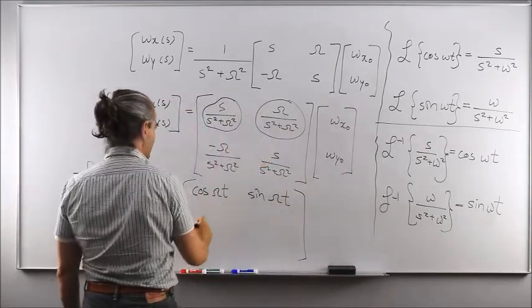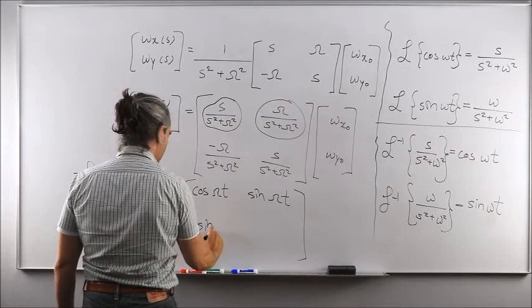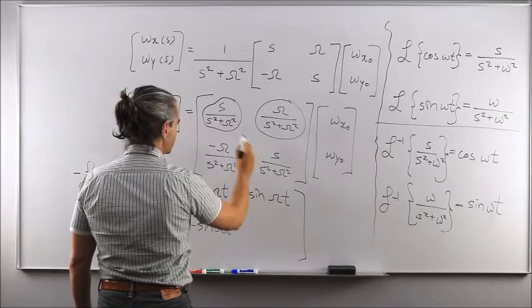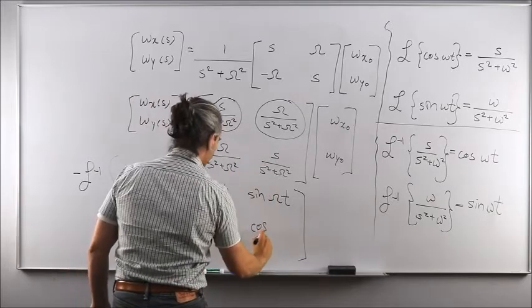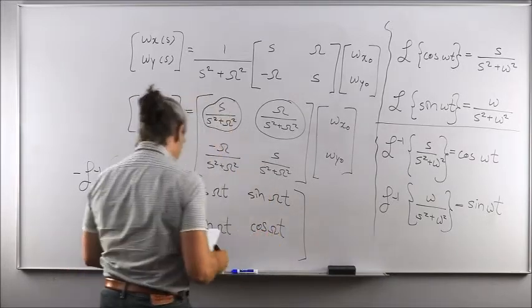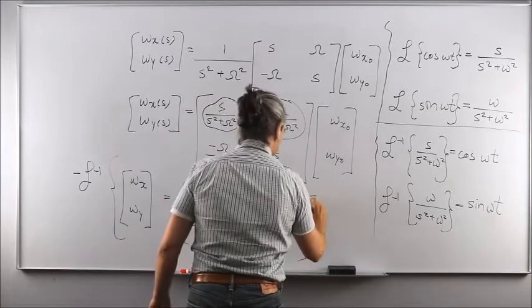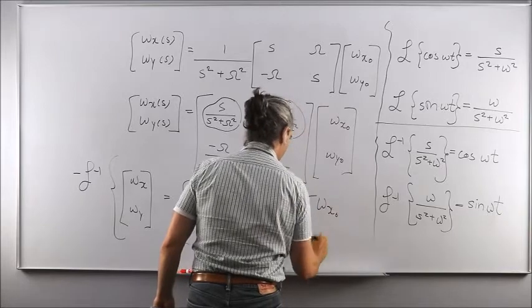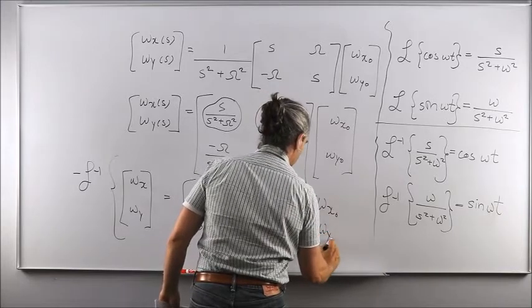And doing exactly the same thing for those two things will give me minus sine omega t and cos omega t. And let's not forget about our initial conditions to make sure that the rigid body is undergoing a rotational motion.